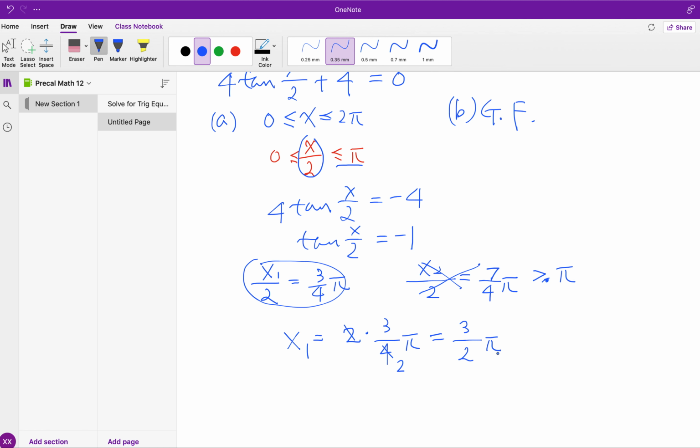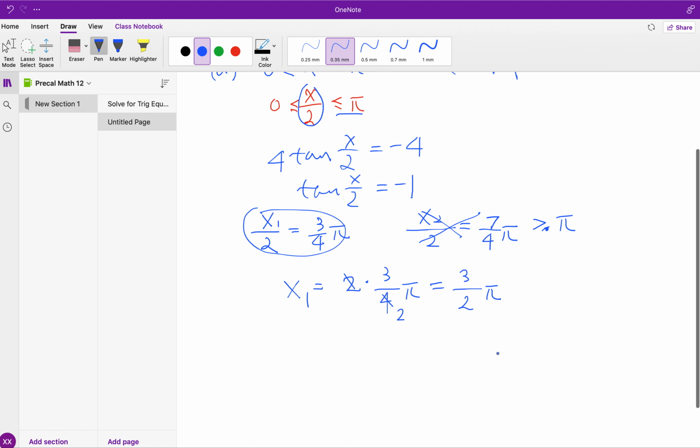So in this case, as I said, the way we write the general solution for B is that I'm just going to use this. So x1 divided by 2 equals 3 over 4 pi plus n pi.